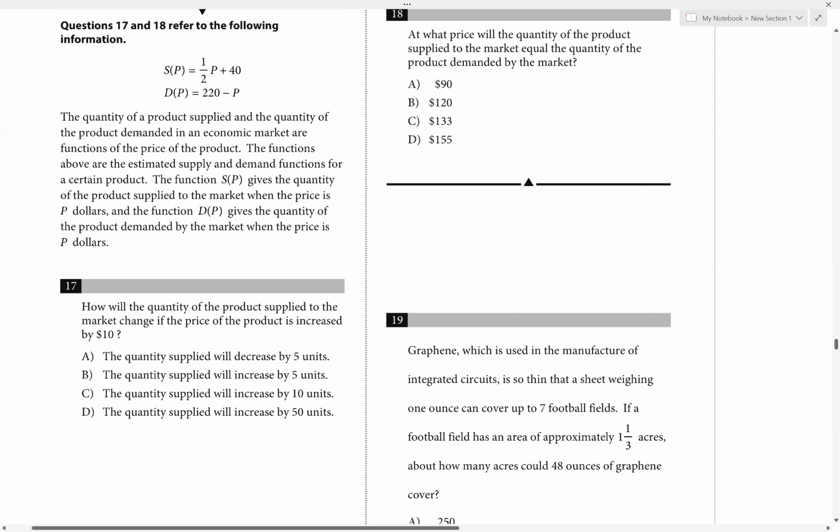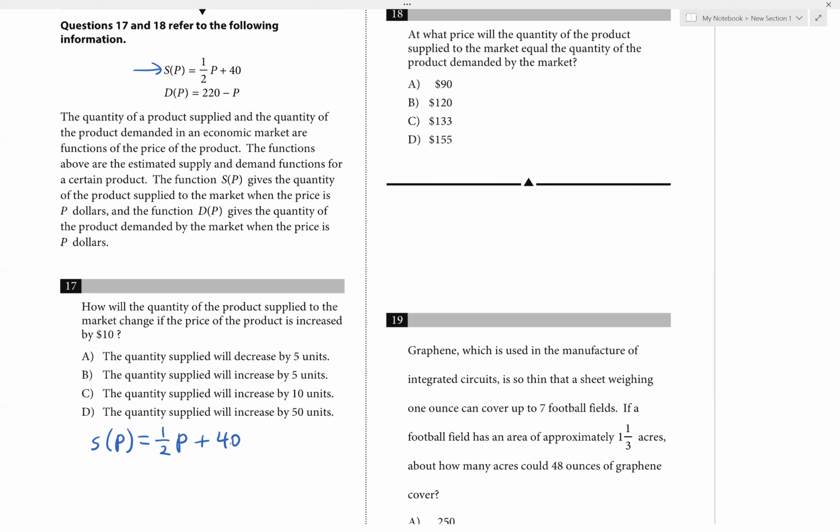That's the S function, the one with the supply. So we're looking for this one, S of P equals 1/2 P plus 40. And we want to figure out, as the price increases by 10, how will the quantity supplied change?